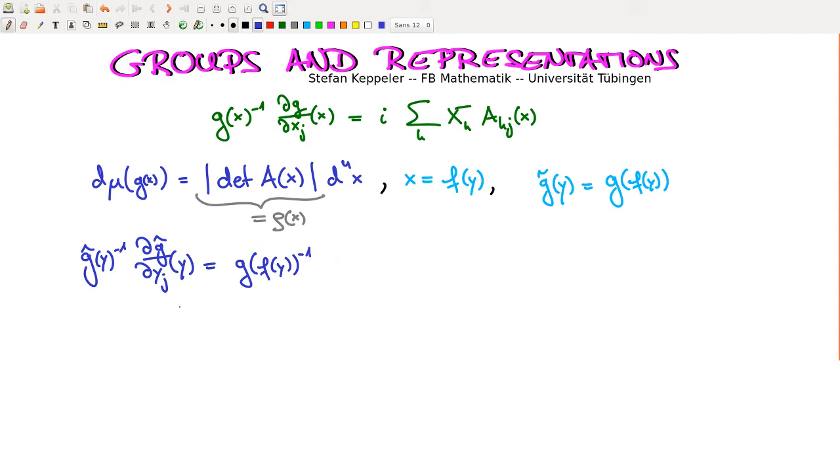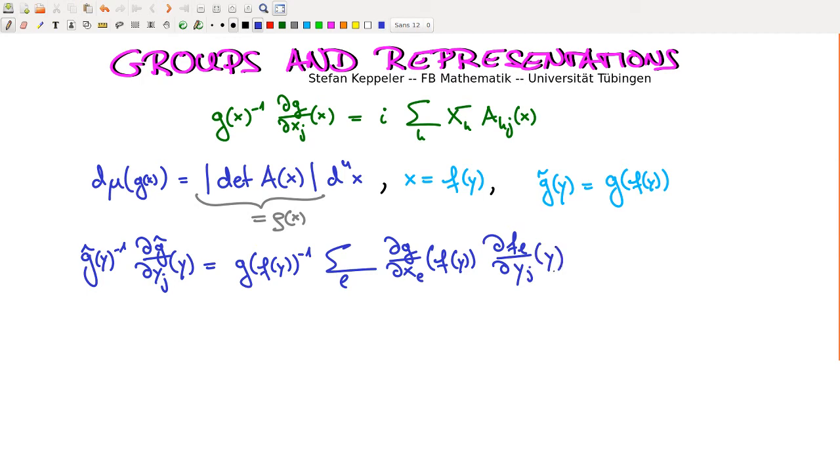and then we take the derivative with respect to yj, but all the x's can depend on yj, so we need a sum here. It's a sum over l, let's say, and we have dg dxl evaluated at f of y, and we have to differentiate dfl dyj at y.